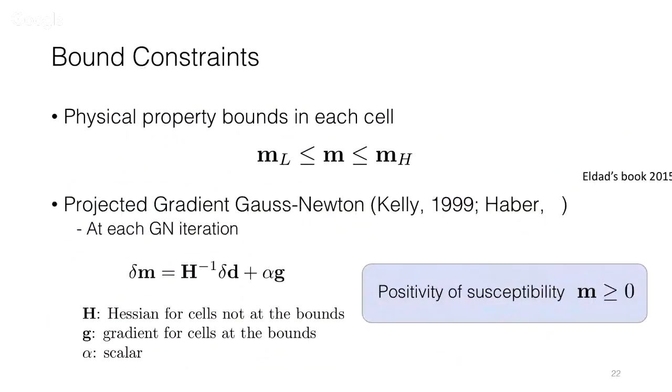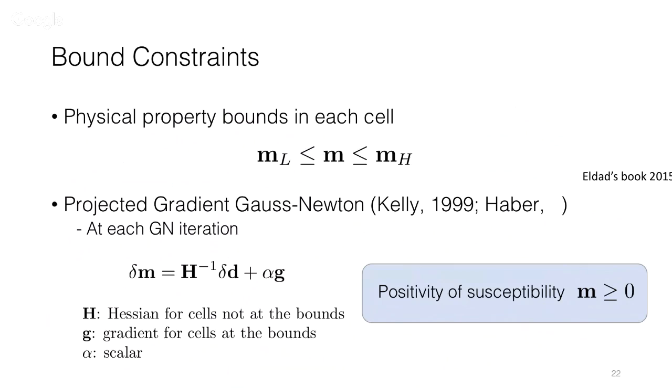And I'm not going to talk about the details of this, but again, you can implement positivity or bounds by using what's called a projected gradient Gauss-Newton. Kelly in his book in 1999 talked about it, and Eldad Haber, in his book in 2015, talked about it.